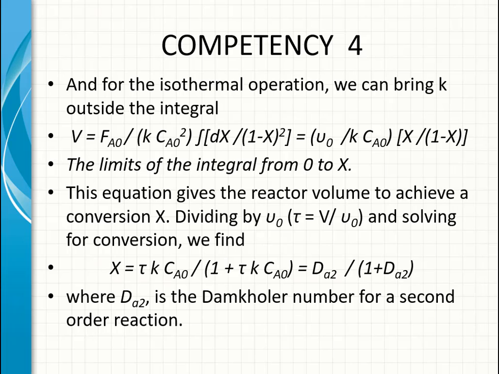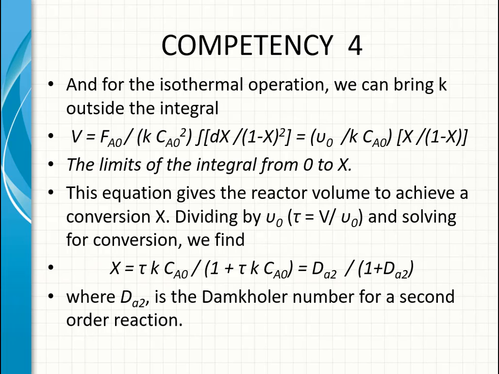So this is going to be equal to v0 divided by k CA0 times X divided by 1 minus X, because the integral of dX divided by (1 minus X) squared is 1 divided by 1 minus X, evaluated from 0 to X. This equation gives the reactor volume to achieve a conversion X. If we divide it by v0, the volumetric flow rate, we will obtain tau, because tau is the volume divided by the volumetric flow rate.